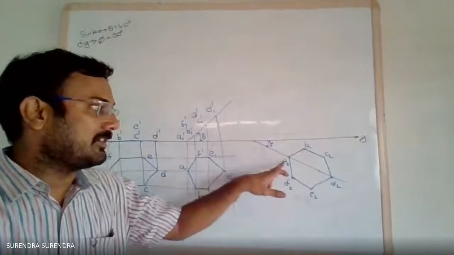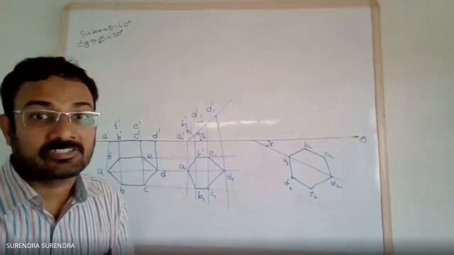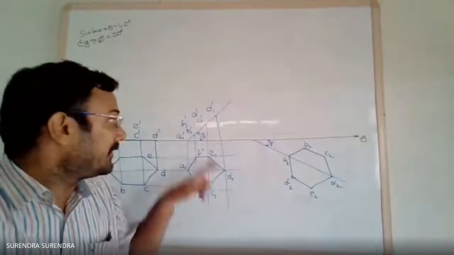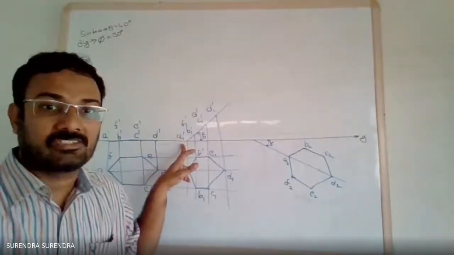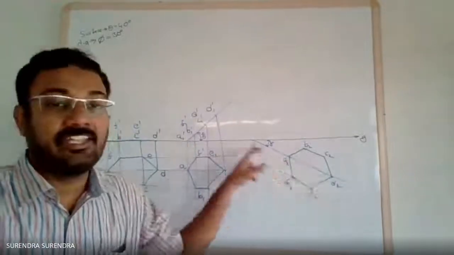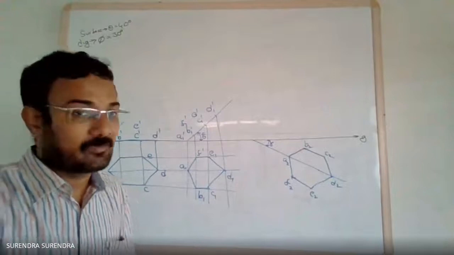So now if you observe, A D2 is the diagonal passing through the corner A. A is the point on which the surface is resting. AD is inclined at 30 degrees to the vertical plane.